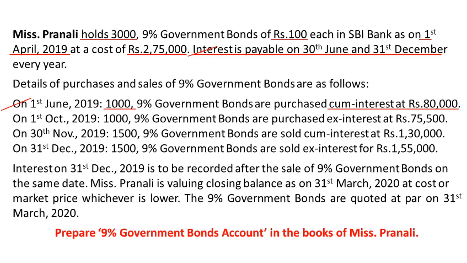Next transaction on 1st October 2019: 1,000 9% government bonds are purchased ex interest at rupees 75,500. Here ex interest means the interest part is not included in the cost of purchase. So whatever amount is given is your original cost. So it becomes very simple. First of all, we need to record this in our schedule.